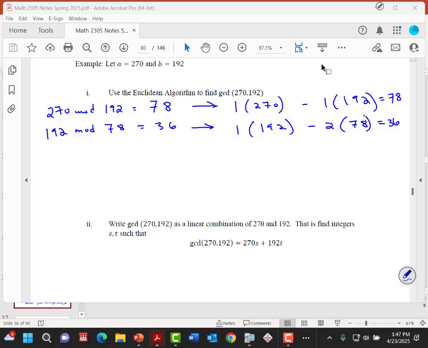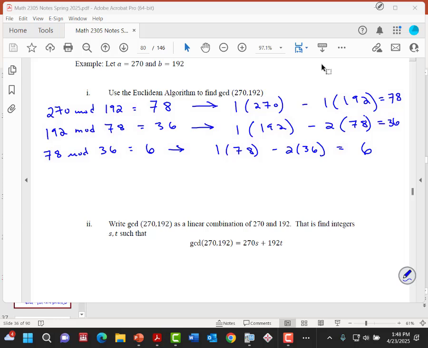Okay, well, yet again, let's go 78 mod 36. 78 mod 36 would be 2 with 6 left over. So I can then write this as 1 times 78 minus 2 times 36, and that's how I can write a 6.